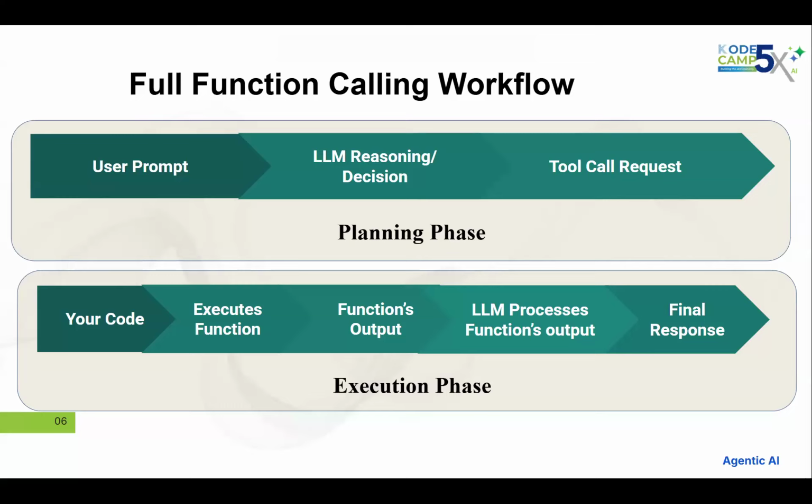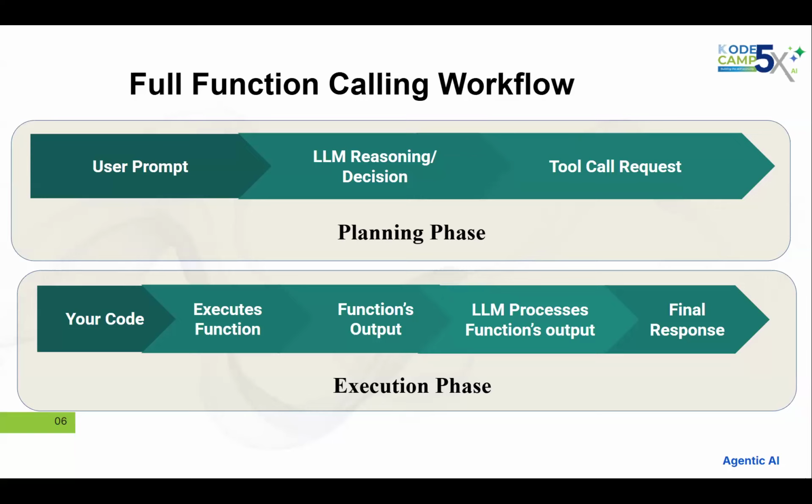Yes. Okay. So the two phases are the planning phase and the execution phase. The planning phase is essentially what we looked at on Tuesday. You provide the LLM with a prompt, it reasons and tries to decipher whether or not a tool call, or a function call, is the same thing, is necessary.